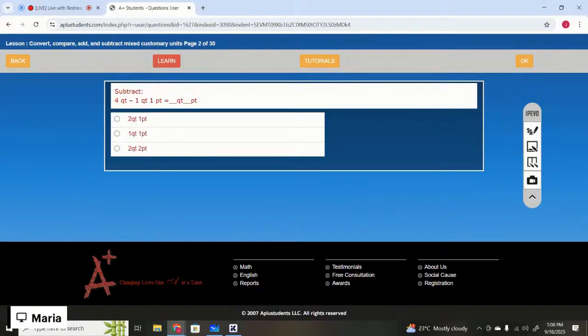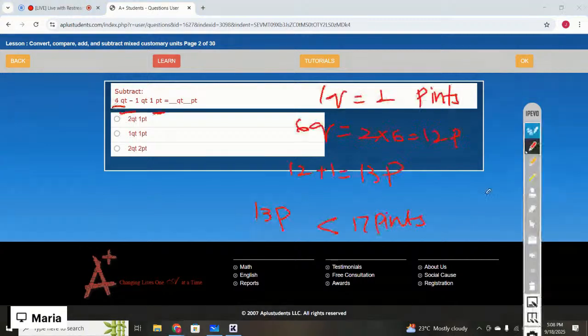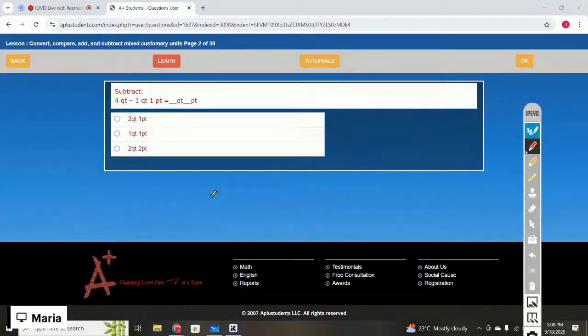So 1 quart 1 pint equals, I think we need to convert this 4 quarts to pints. 1 quart equals 2 pints, right?